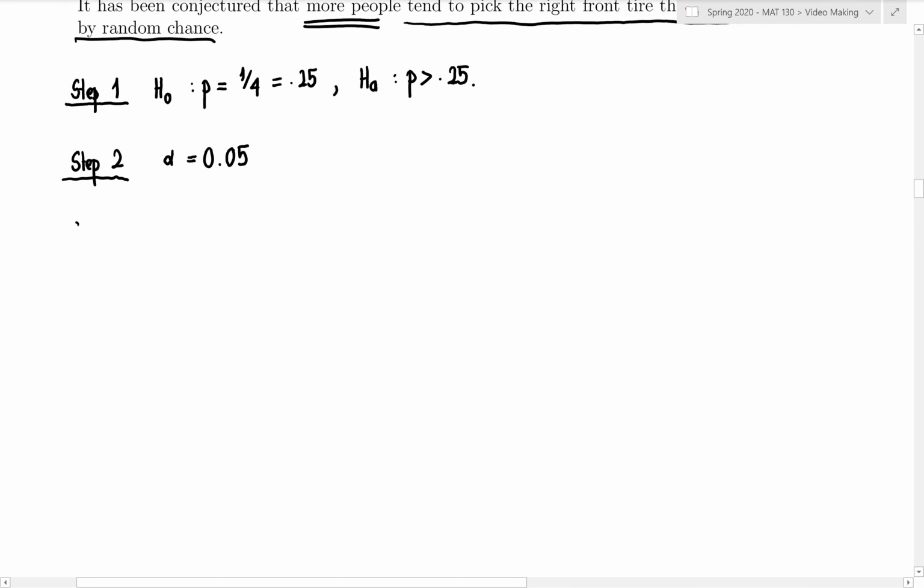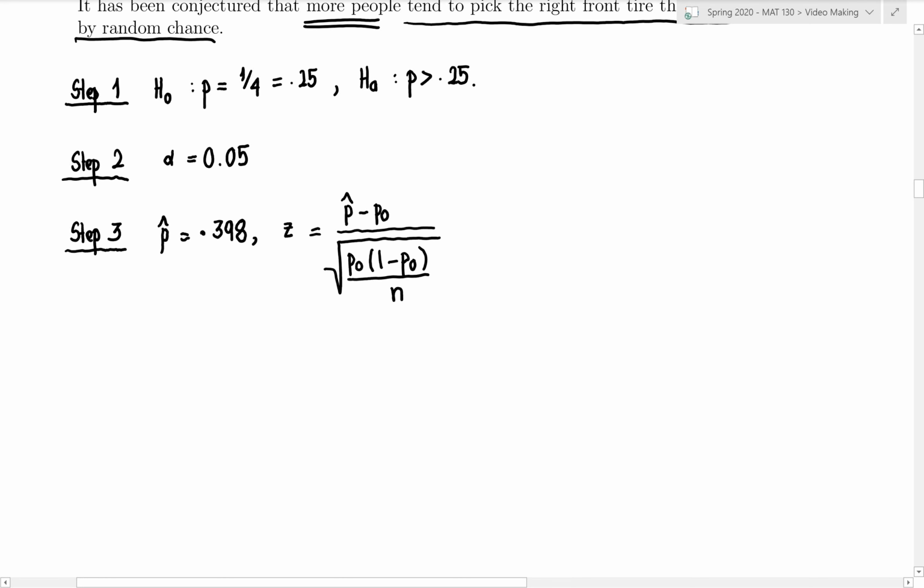Next, step 3 is to find our test statistic. Remember, our sample proportion from the sample I gave you earlier is 0.398. Now our z value, let me write down the formula once, is p hat minus p0, the entire thing divided by the square root of p0 times 1 minus p0, the entire thing over n.